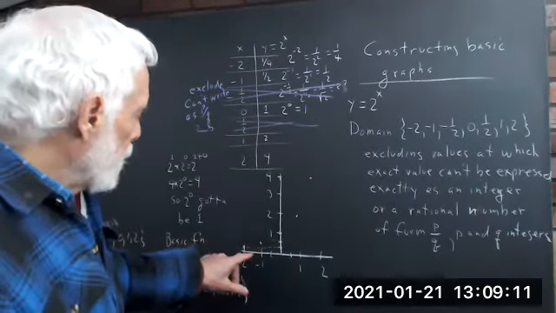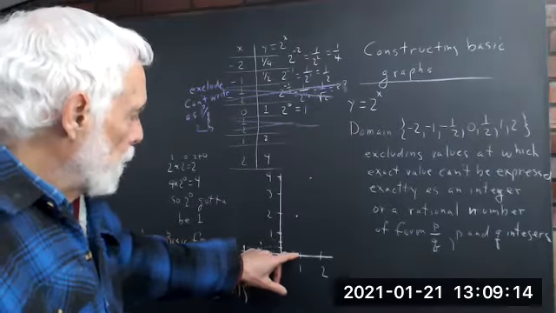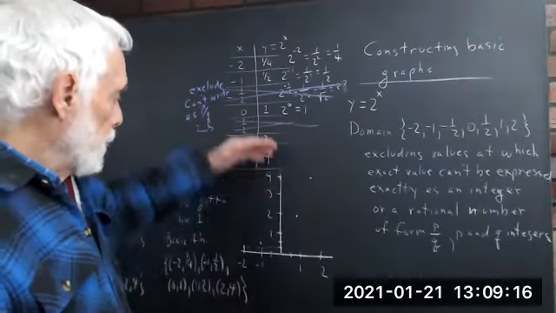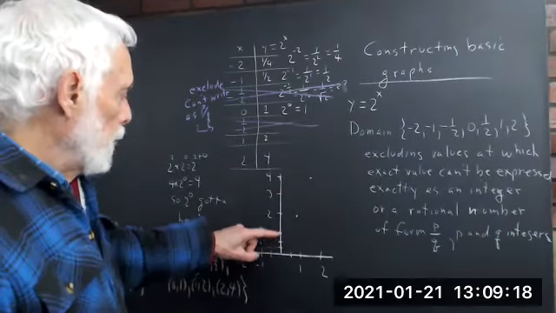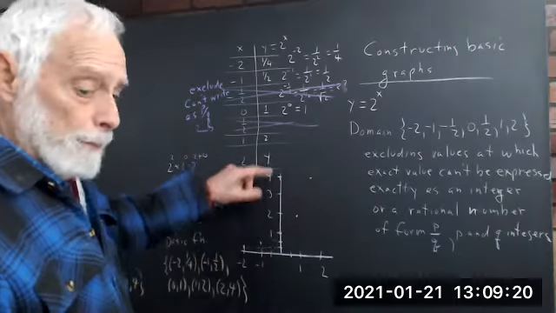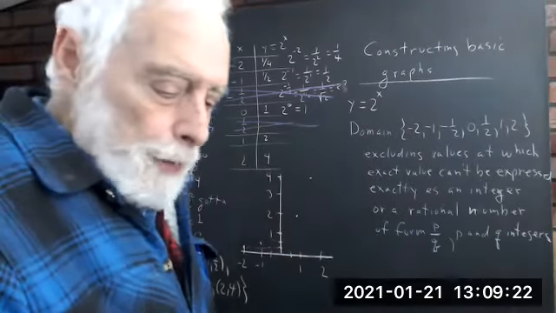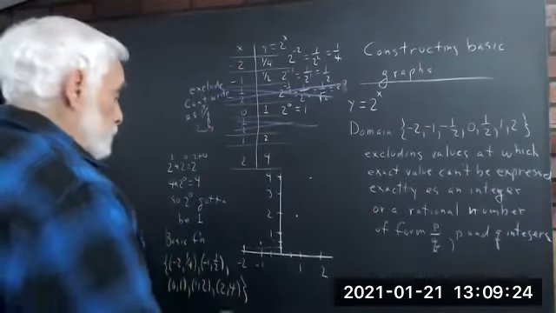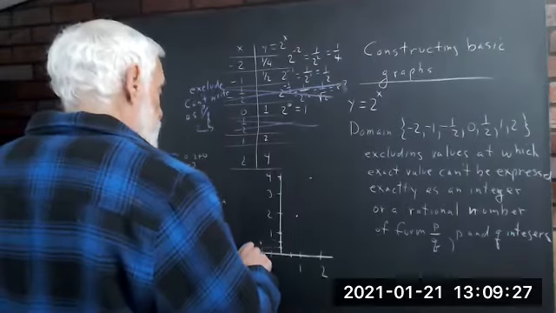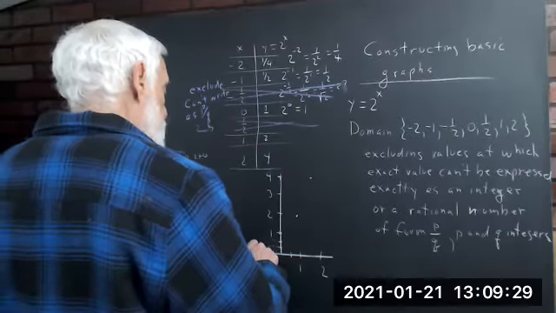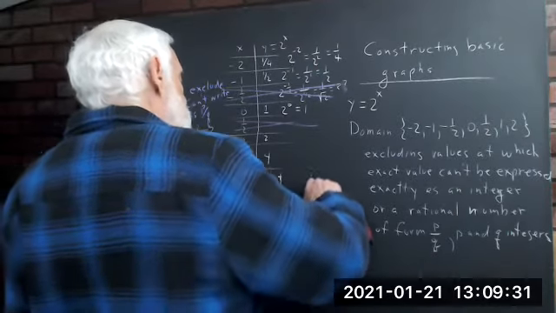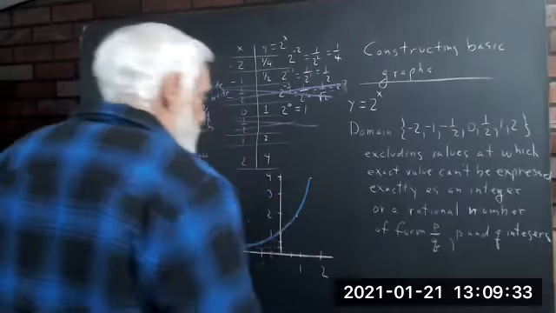So the domain is here, -2, -1, 0, 1, 2. The range is here, 1/4, 1/2, 1, 2, and 4. The extended basic function, and we demonstrated how this happens. Extended basic function looks like this.